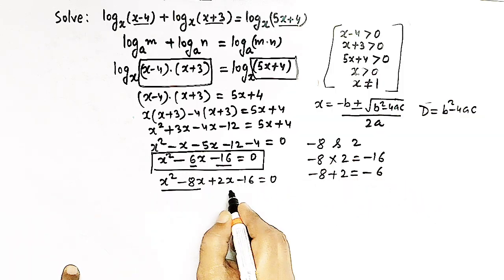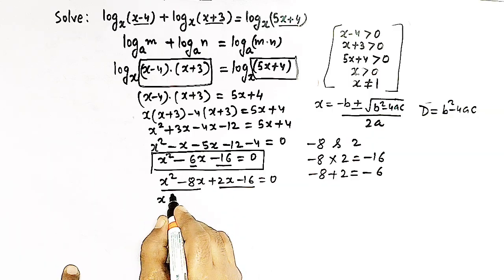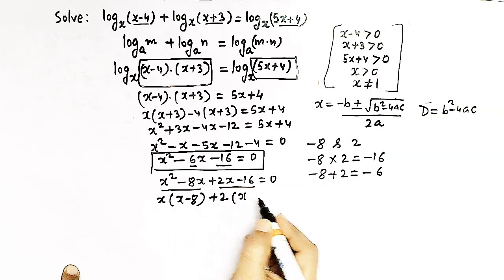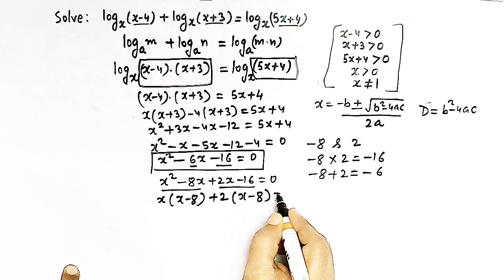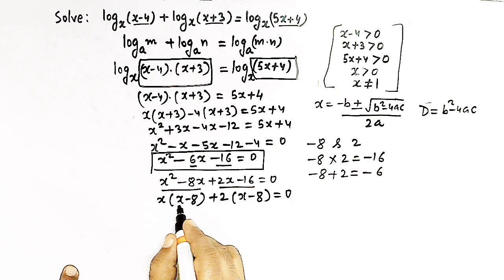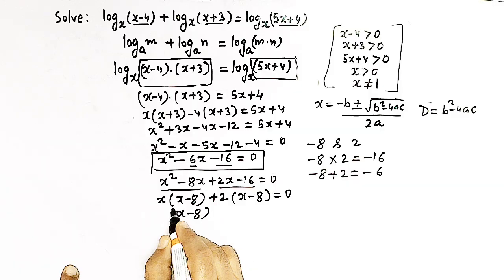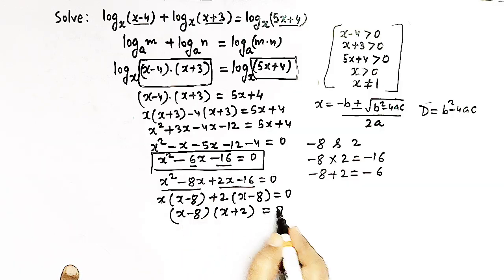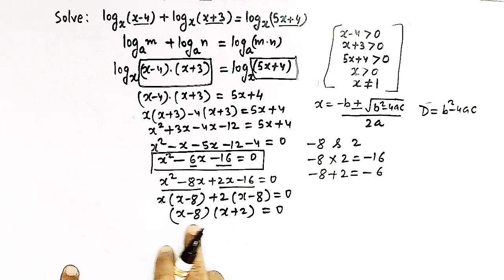Okay, so now we can write here x minus 8, then we have 2, here we have x minus 8 is equal to 0. Now we can write x minus 8, here we have x plus 2. So here we have the two linear factors.